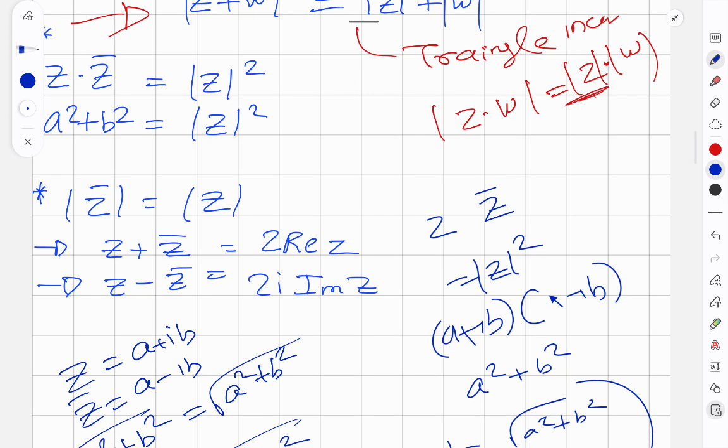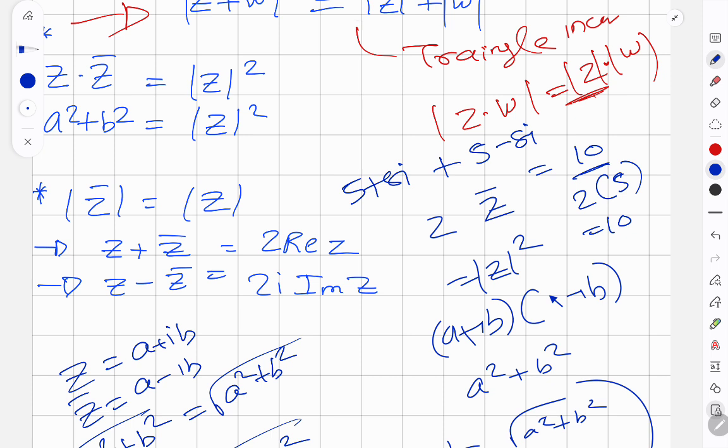If you take z plus z conjugate, it will be 2 times the real part of z, and if you take z minus z conjugate, you will get 2i times the imaginary part of z. You can try it. Take 5 plus 8i and add it with 5 minus 8i, so you will get 10, which is 2 times the real part.